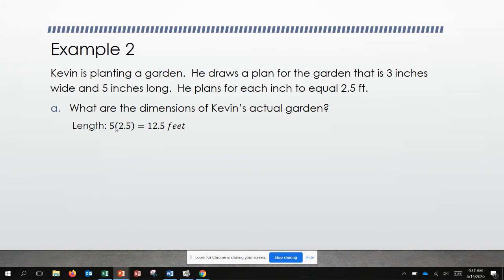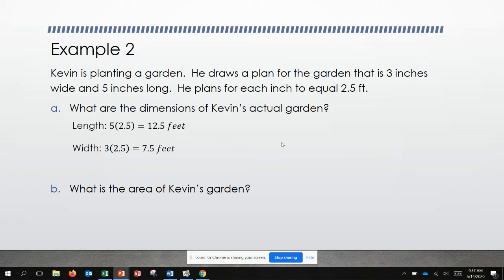So our length is going to be the 5 inches in the picture times the 2.5, since each inch is equal to 2.5 feet, which equals 12.5 feet. And then the same thing for the width. In the picture, it's 3 inches times the 2.5 feet per inch, which equals 7.5 feet.